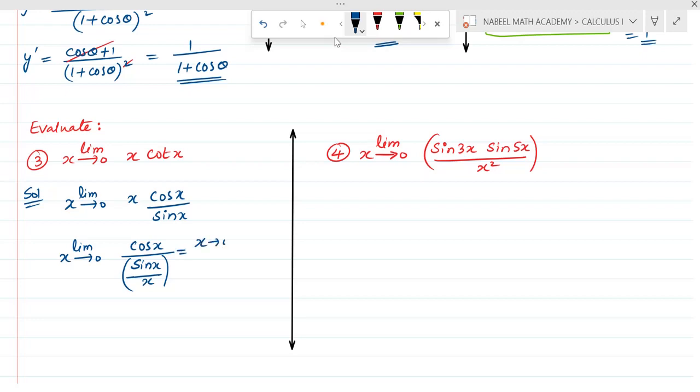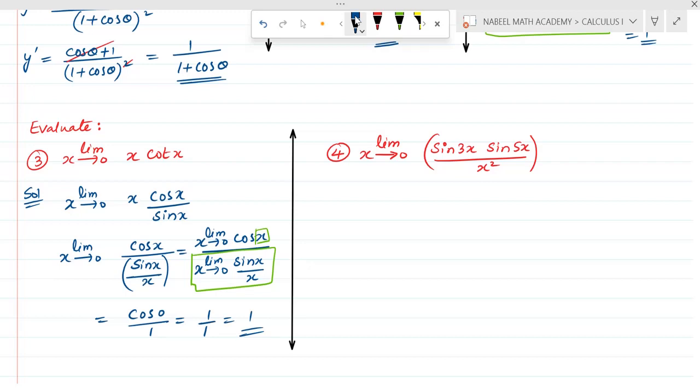Limit as x approaches 0 of cosine x over limit as x approaches 0 of sine x over x. By the note, this is equal to 1. And if you apply the limit for cosine 0, this is equal to cosine 0 over 1. Cosine 0 is 1, 1 over 1 is 1. So this is the final answer.